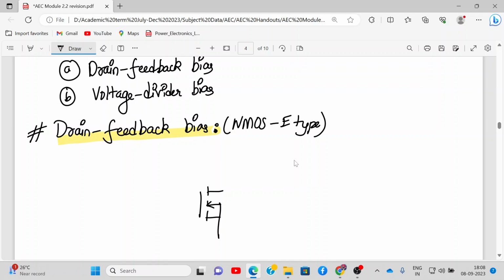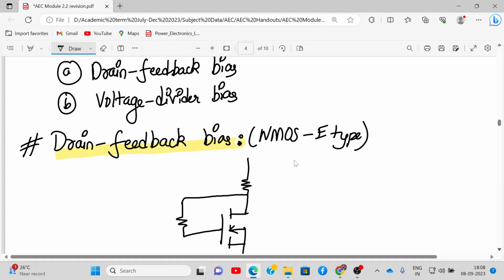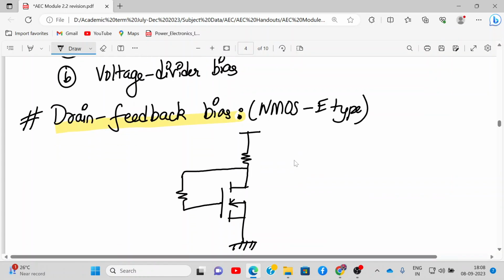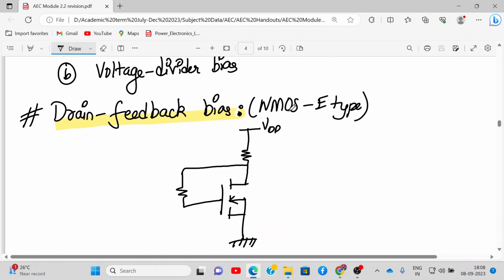So we have RD resistor, we have RG resistor, but RG, instead of going to VDD, will go to the drain terminal. And here this will go to the ground. I hope you are following. This is VDD, this is RD and this is RG.